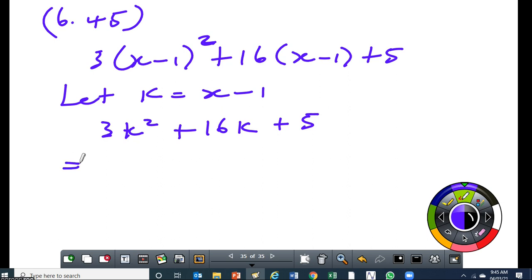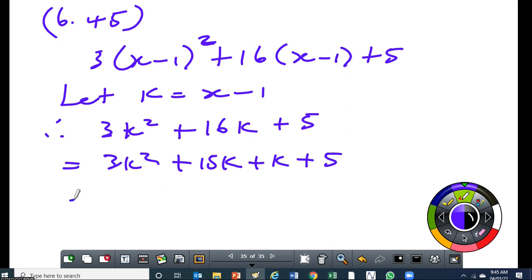So I'm going to write this as 3k squared plus 15k plus k plus 5. Okay? Then I need to create a common factor, right? So the first two terms, what's the common factor? It's 3k. So 3k times k plus 5.